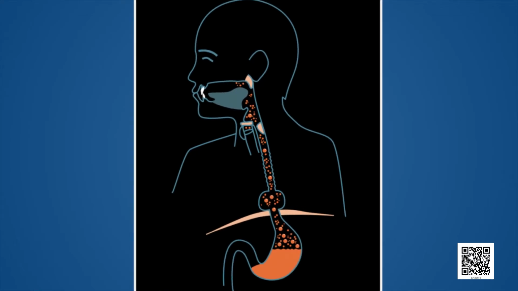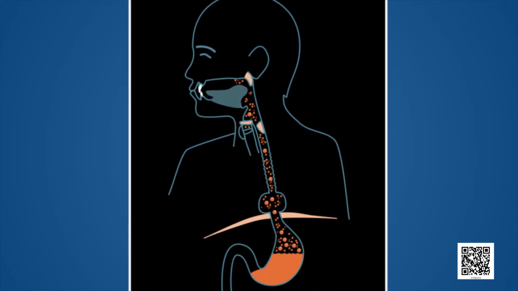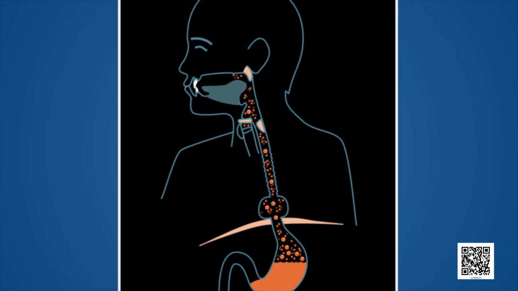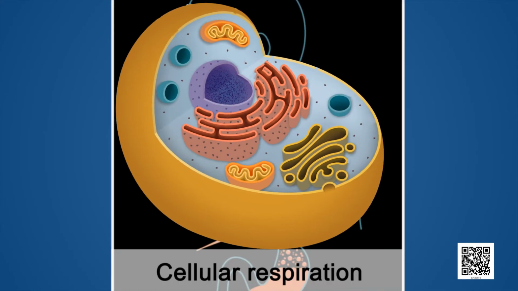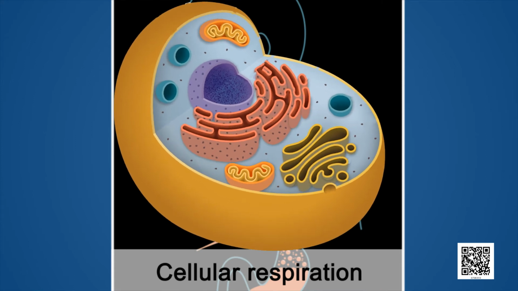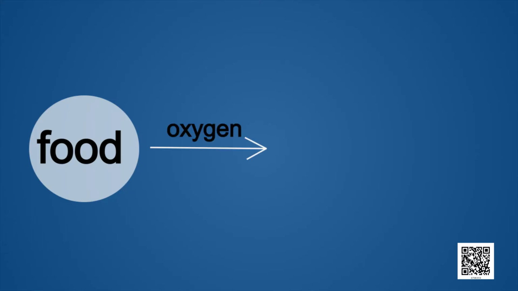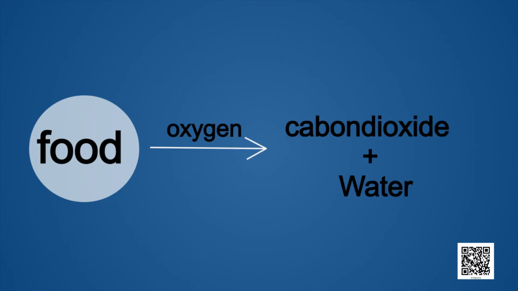And children, this process of breakdown of food in the cell with the release of energy is called cellular respiration. In the cell, the food or the glucose is broken down into carbon dioxide and water using oxygen.